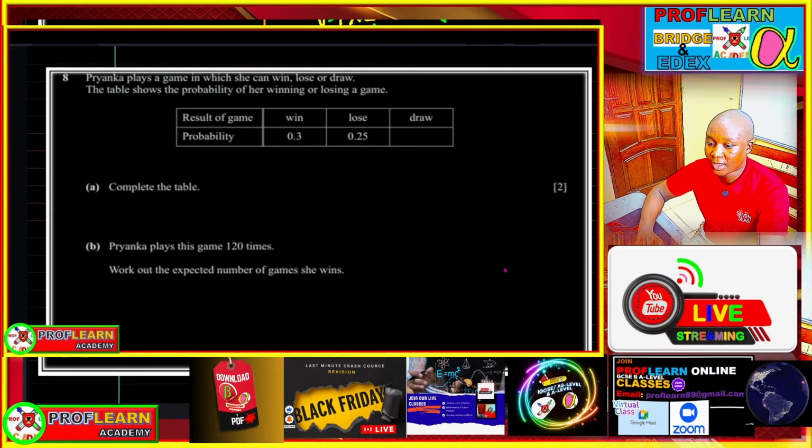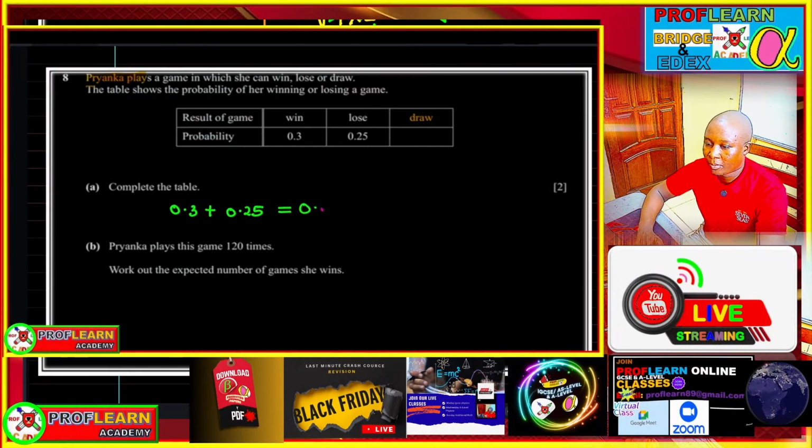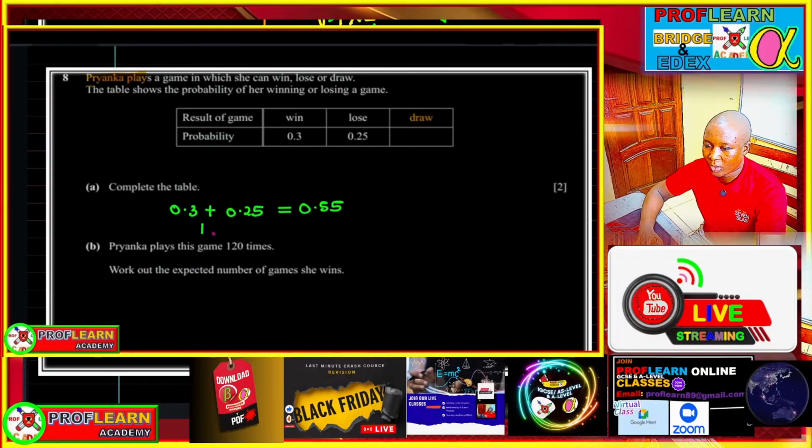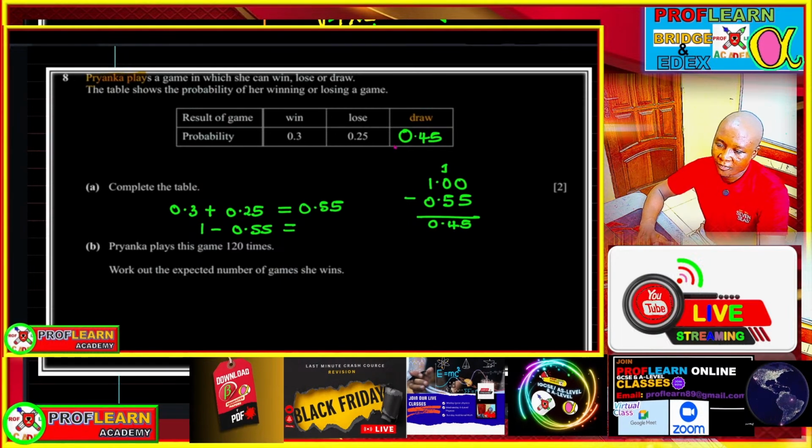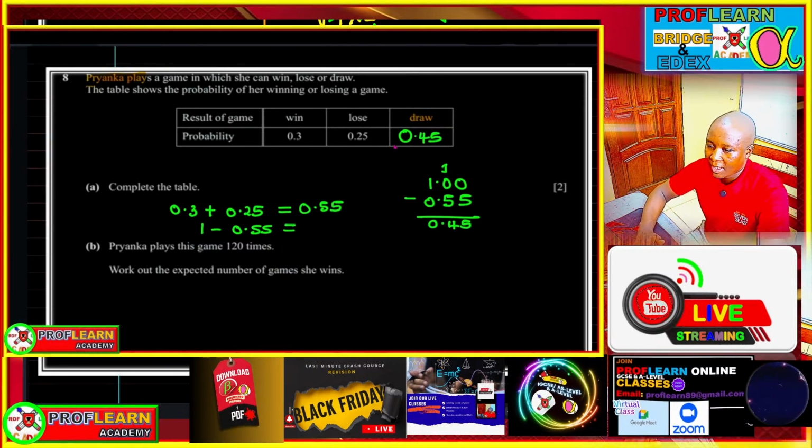First let's find the sum: 0.3 plus 0.25, that is 0.55. Then for the draw, it would be 1, because the total probability is always 1, minus 0.55, and if you work it out, you are going to get 0.45. So this is 0.45. So candidates were sorted by getting 2 marks there.